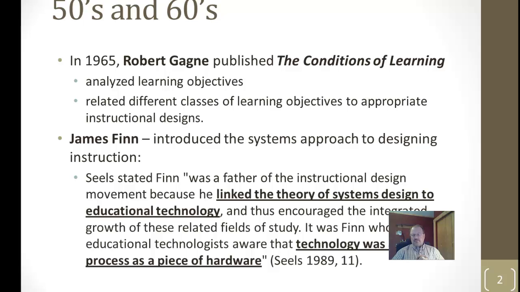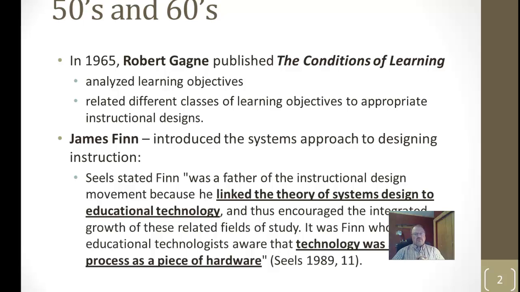Instructional design and instructional technology, in one way or the other, has been around a long time, whether it was considered educational technology, instructional design, or instructional technology. It started with people like Gagne and Skinner, developing an understanding of how our behaviors work and how we learn.